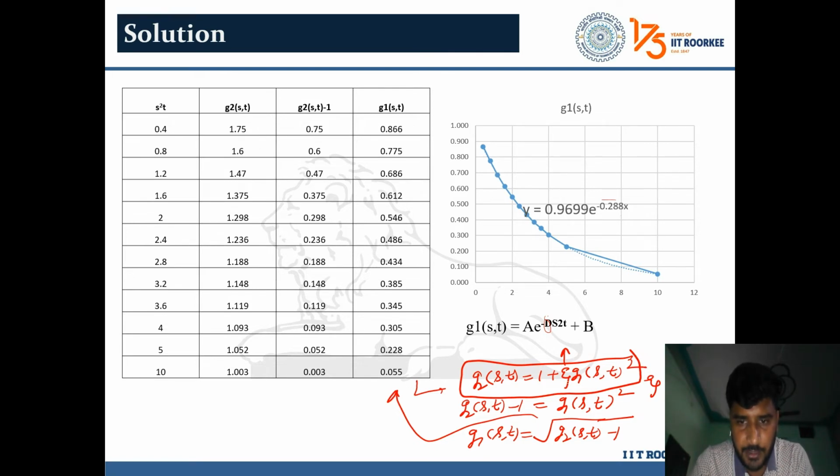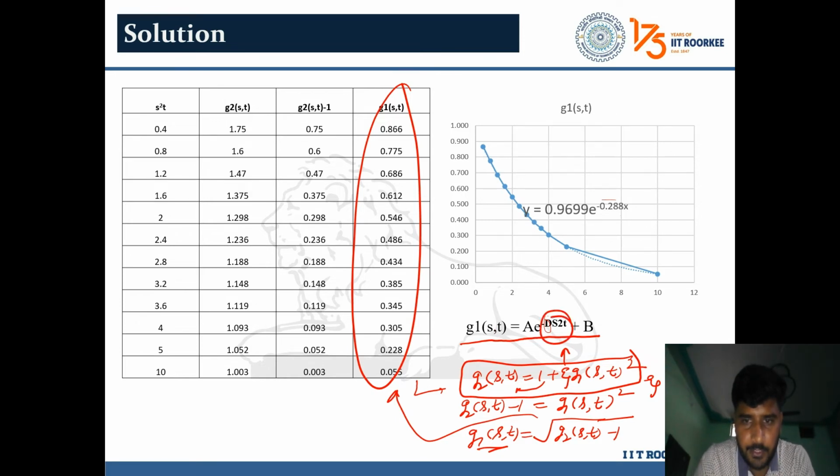After putting it as 1, just rearrange the formula and you will get the value of g1. After you get the respective g1 values from here, you can easily plot the graph between g1 and s square t, and you will get the value of the diffusion coefficient directly, because this is the a value, and e power minus D s square t, where x is basically t here.